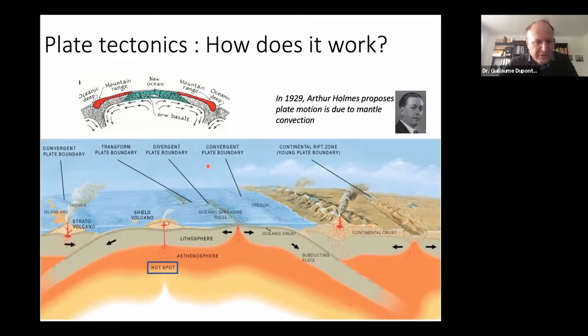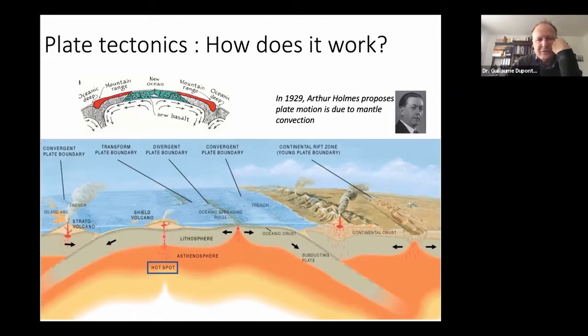One thing you might not know and that we will need later on is these hotspots. This is basically the same, except you just have a much smaller plume of mantle coming up, and that will turn into magma in some cases as its pressure goes down, and it will create a chain of volcanoes like the Hawaiian chain.